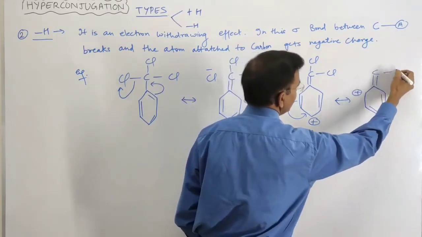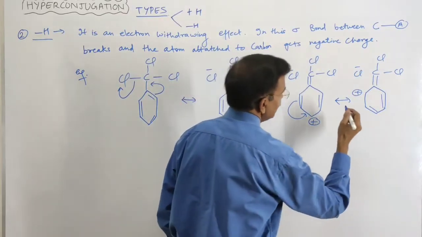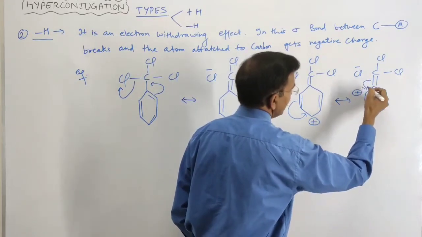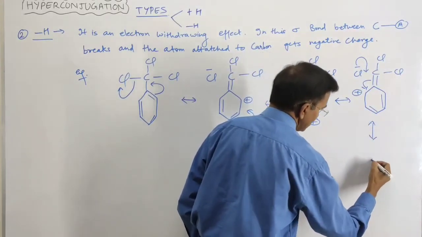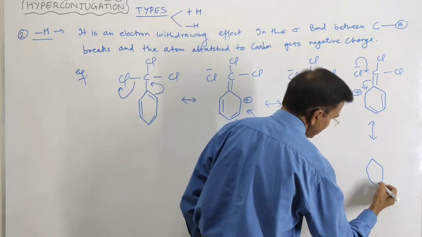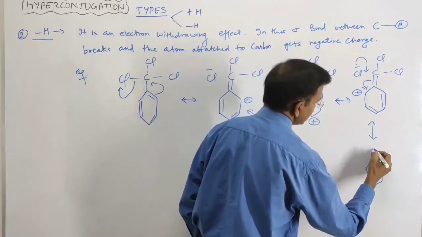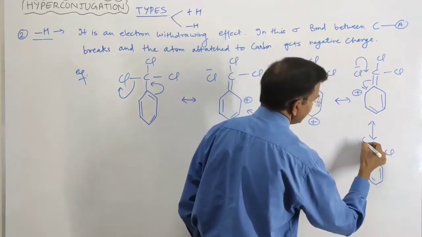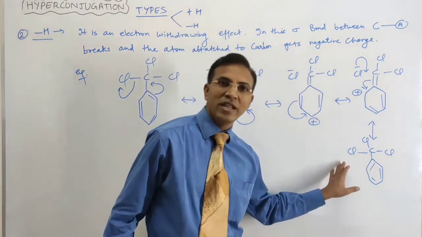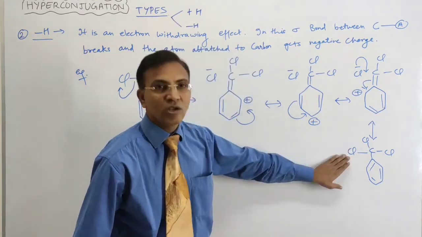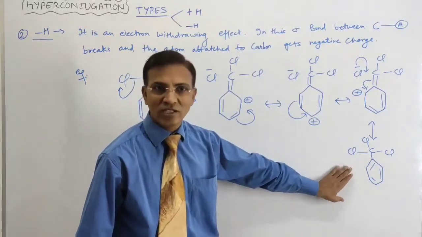Here is the double bond, Cl, and the Cl negative. Again this comes here and this comes here. So the next resonating structure will have a double bond, and here a single bond, Cl, and Cl. These 3 alpha chlorine atoms are present. So all chlorine atoms attached to the carbon take part in the resonance, the H effect.